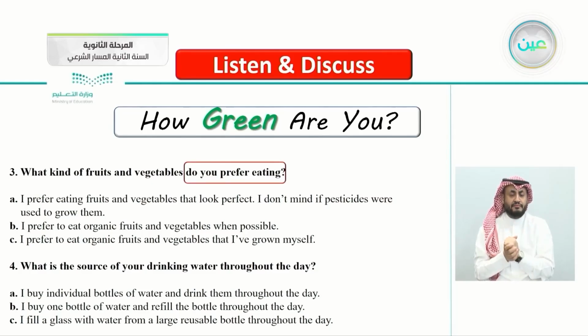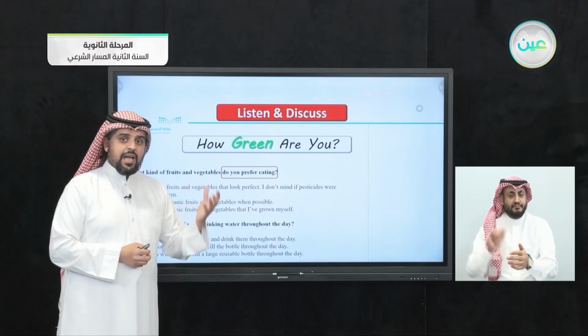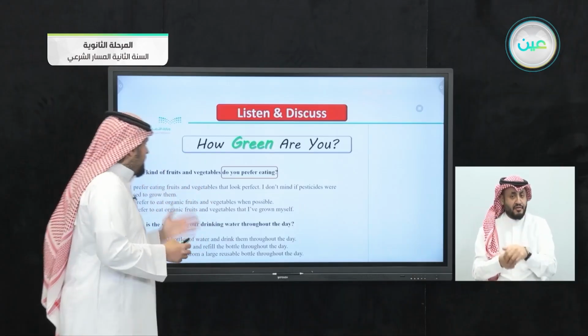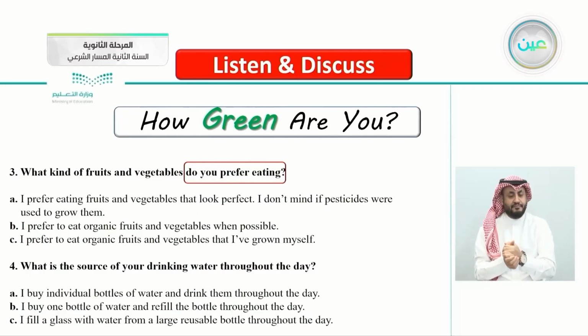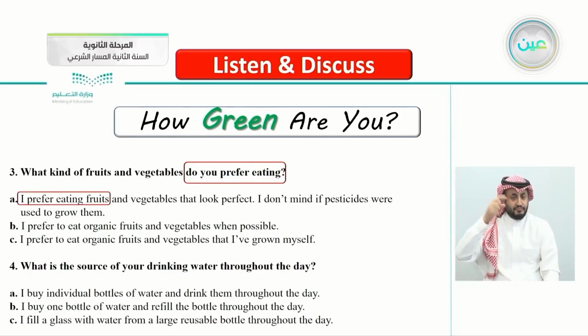What kind of fruits and vegetables do you prefer eating? So the verb here is prefer. What comes after prefer, the ing form, is a gerund. It's a noun. It's not a verb. Also here, I prefer eating fruits. It's the same verb actually, prefer and prefer.